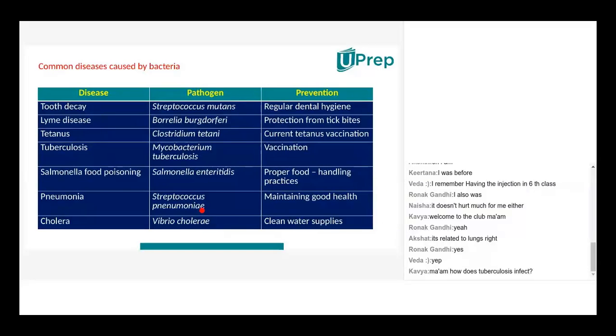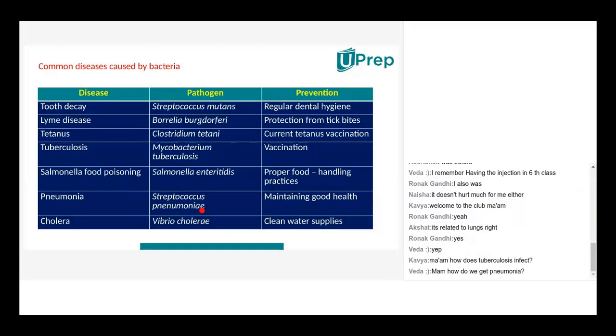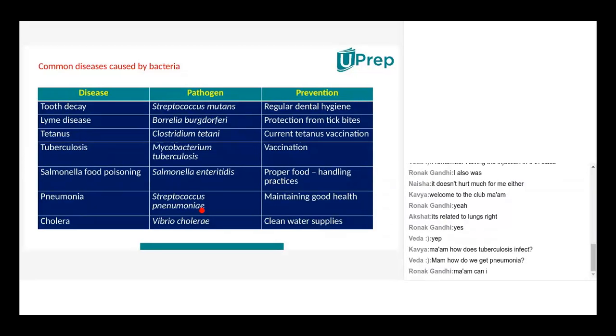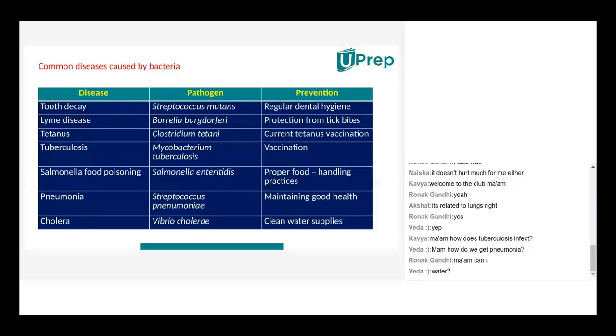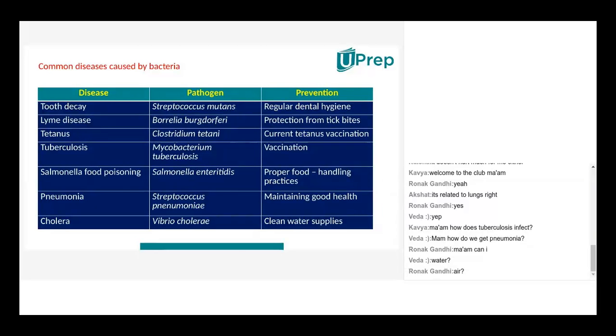Okay. Kavya, what's that? How does tuberculosis infect? Tuberculosis, there are several ways the lungs get infected with mycobacteria. See, every time you watch a movie or something like that, you will get ads. No, not with water. Yeah, pneumonia you may get with water or even with food also.